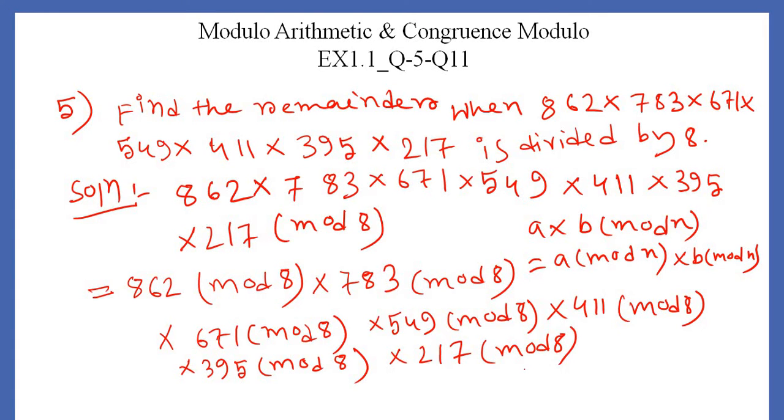Now to find the value, we separately find each term and then multiply them. Firstly we find the value of 862 mod 8. That means when we divide 862 by 8, what is the remainder? So let's do this.